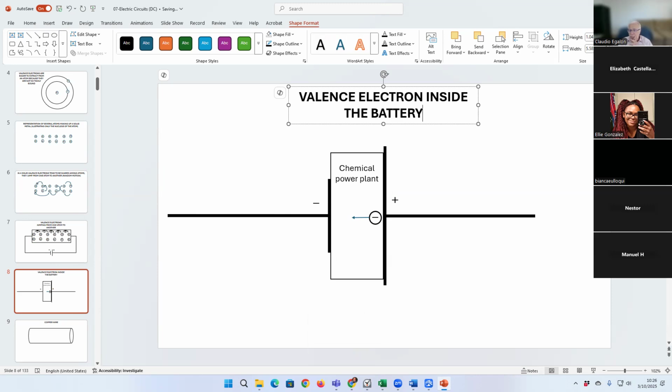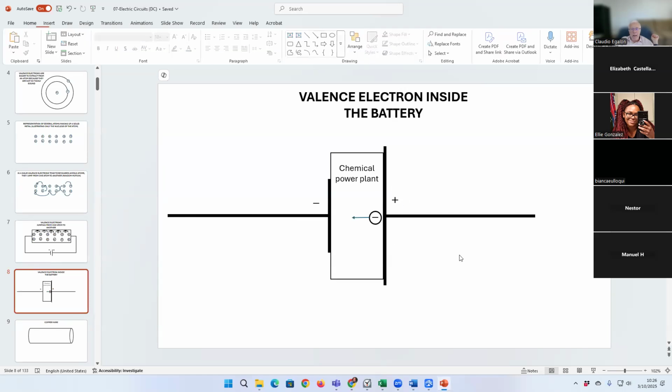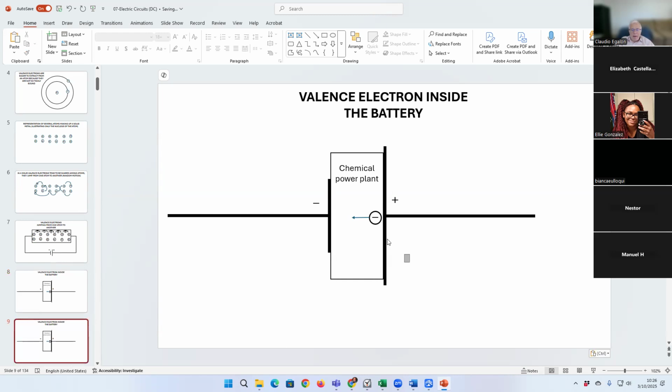So this chemical power plant is more powerful than the electrostatic force between the positive and negative atoms, okay? So here you go. We have this valence electron moving from the positive to the negative side of the battery.